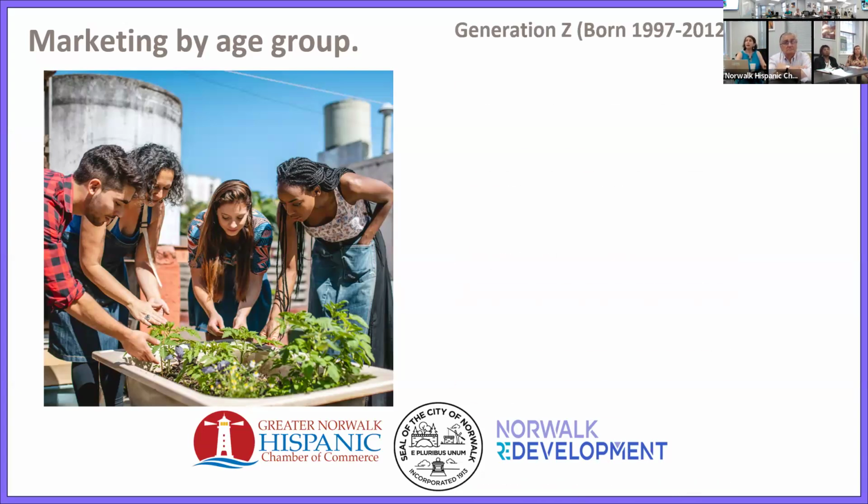If you are running a youth program and you are working with Generation Z participants, the way they engage and learn about your programs is social media. That's the first thing they go to. And pay attention, because they are not using the same social media we use. They're using TikTok, Instagram, and Snapchat, right?